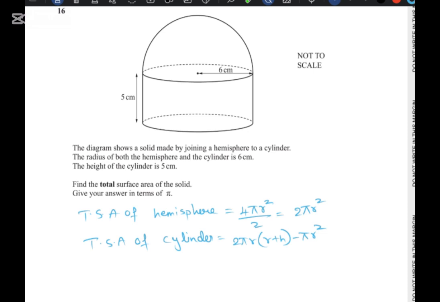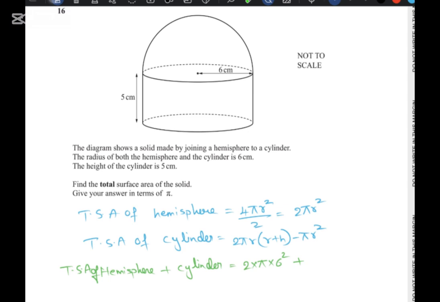The height of the cylinder we know, and the radius of both the cylinder and the hemisphere we know. To find out the total surface area of the hemisphere plus cylinder, both we will do together, is equal to 2 into pi into r square, which is 6 square, plus 2 pi r into r plus h.